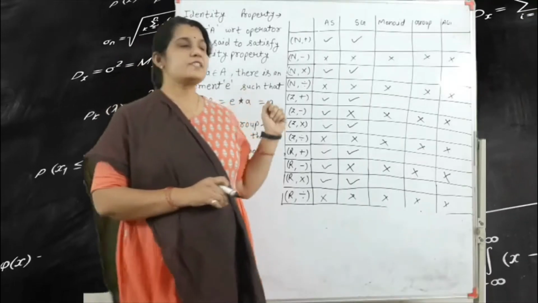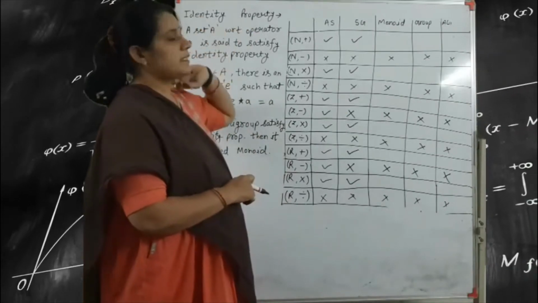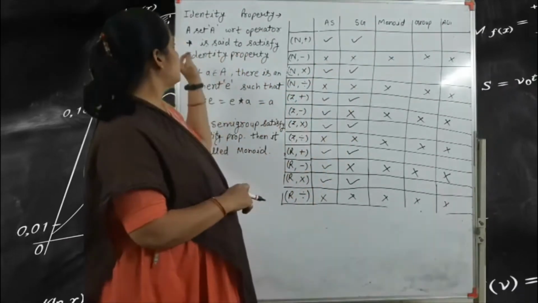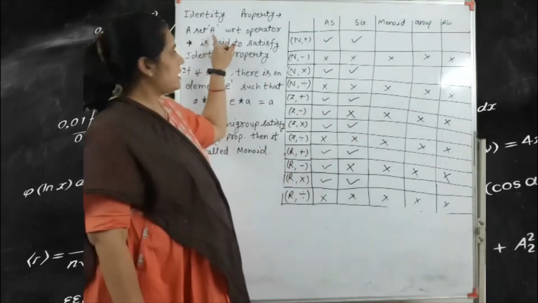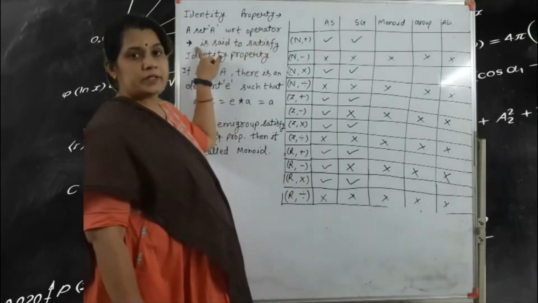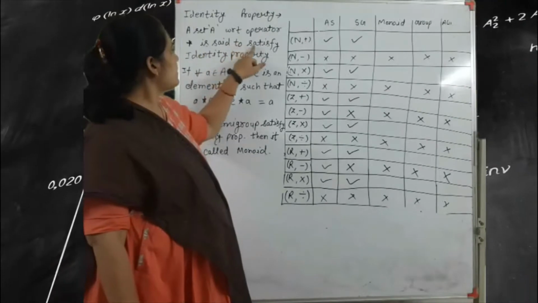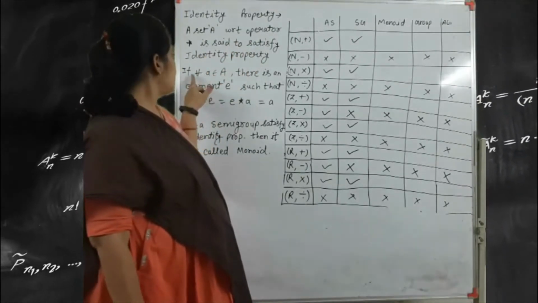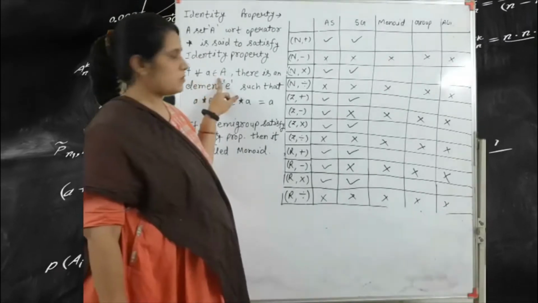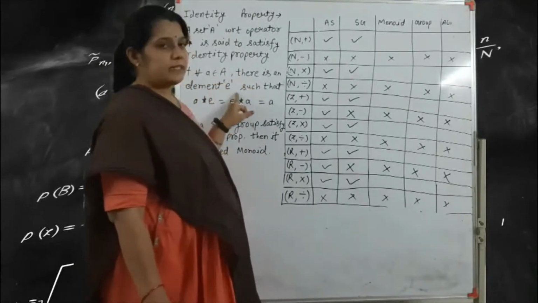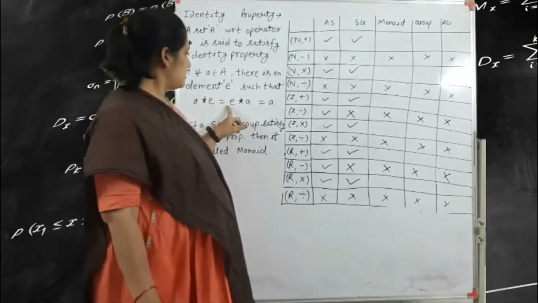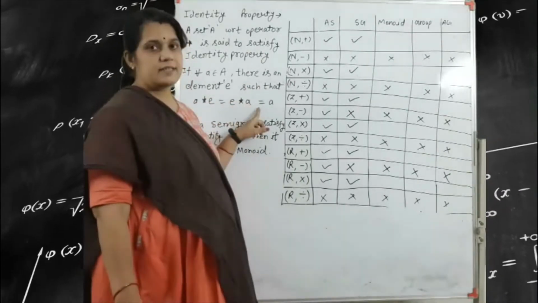So next we find out the identity property, that means we find out the monoid. So what do you mean by the identity property? A set A with respect to operator star is said to satisfy the identity property if for all a belonging to A, there is an element e such that a star e is equal to e star a is equal to a.